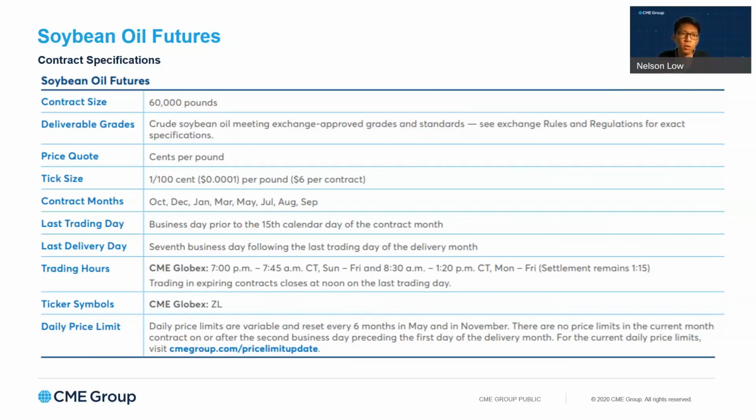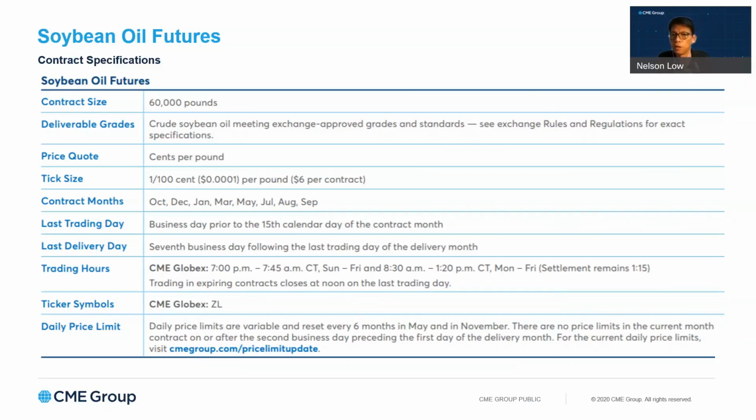The other thing to take note of is that it's physically delivered as well, very similar to FCPO and FEPO. But of course, it's a different contract. So you have different contract months. In this case, the Chicago Board of Trade doesn't list all of the contract months. We only have selected ones. There are 8 contract months in a year that we list.